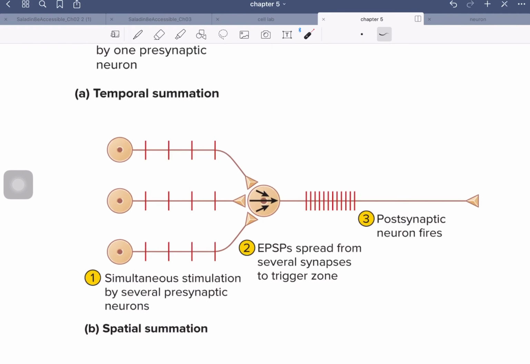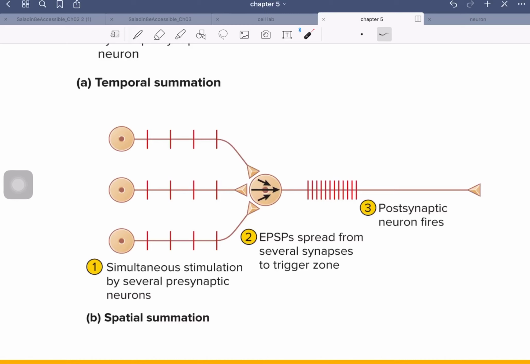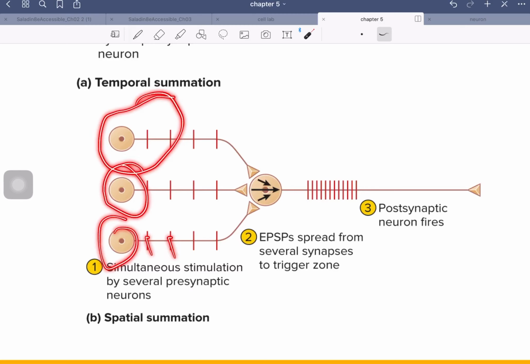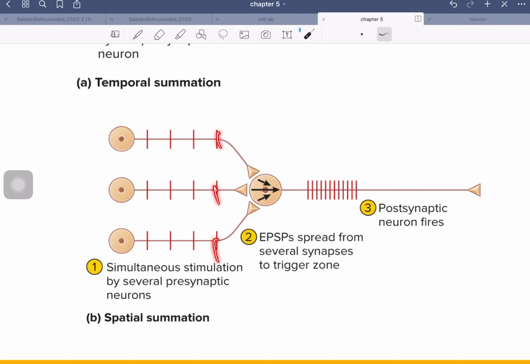The other case is a spatial summation. In this case, once again, we have to influence this trigger zone to hit threshold for a firing of the postsynaptic neuron. And in this case, we have a number of neurons working together, and they will send signals down.